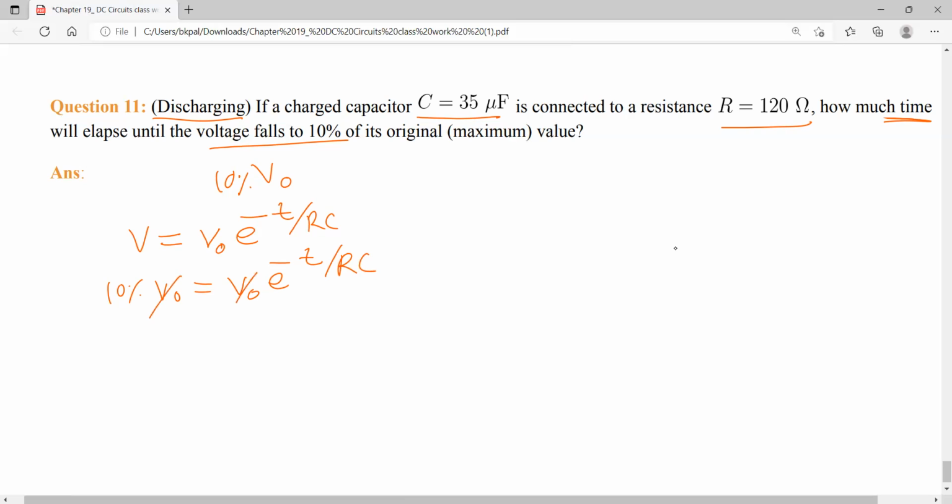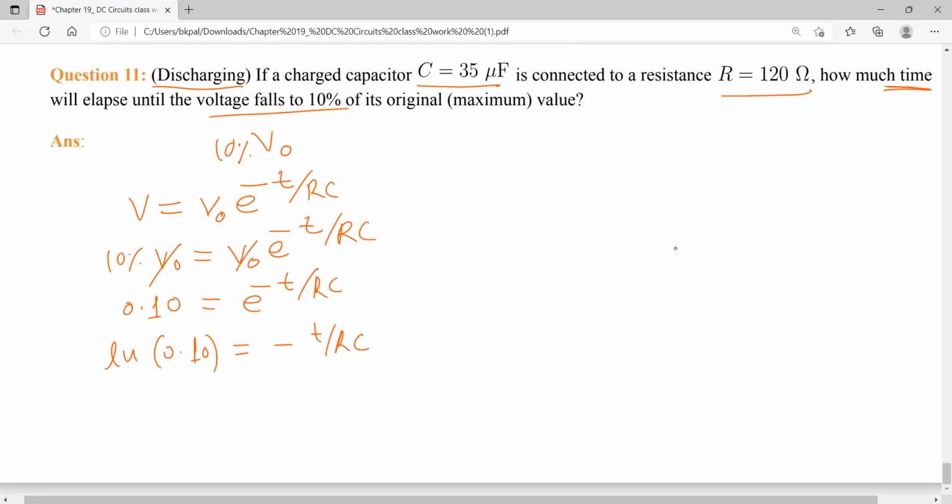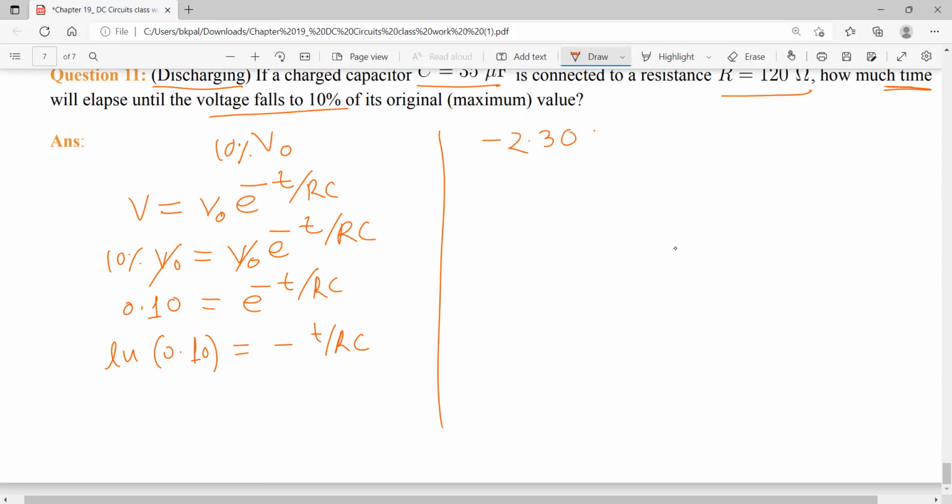So V0 cancels out, and 10% means 0.1. Now if I take the natural log on both sides, the natural log of this is equal to negative 2.30, and the negatives cancel out.